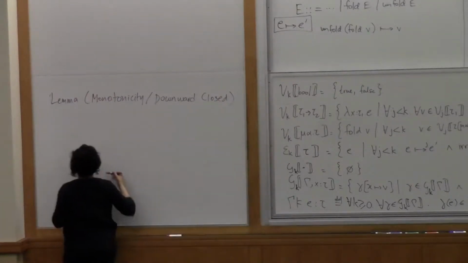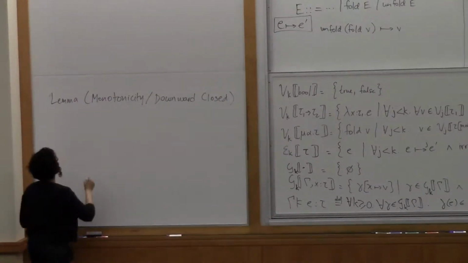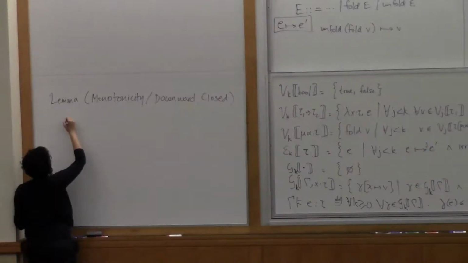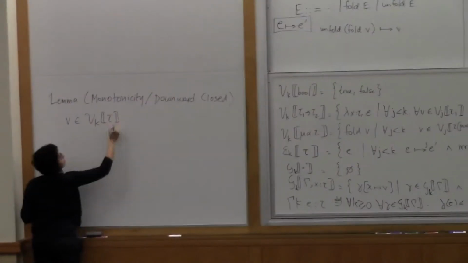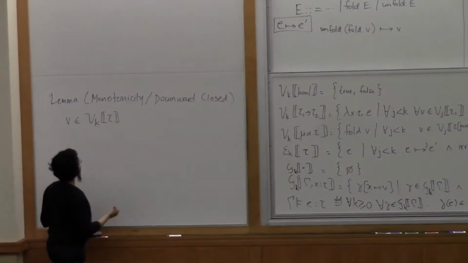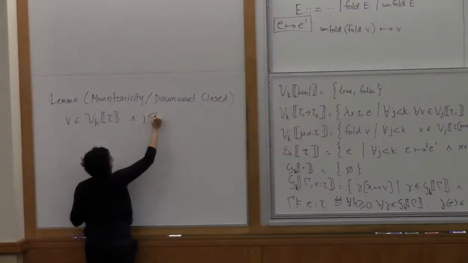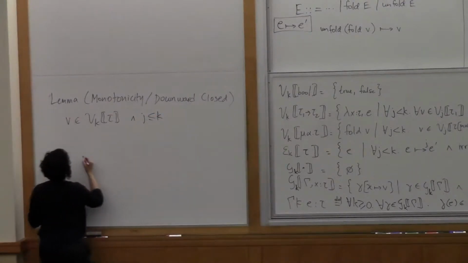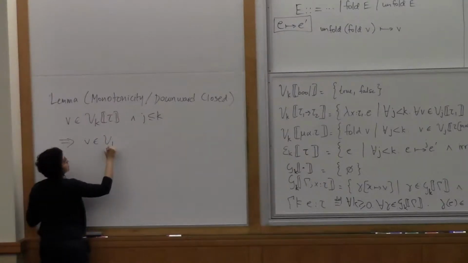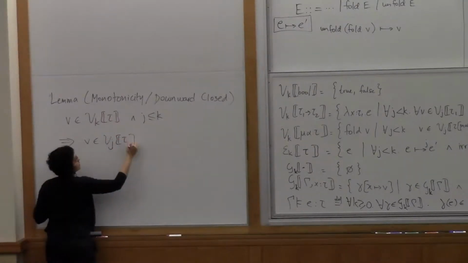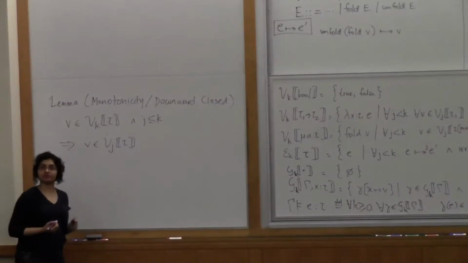So we want to say the types are downward closed. What we want is basically that if you have some v that belongs to tau for up to k steps, and you have a j less than or equal to k, then v better behave like it has type tau for j steps.